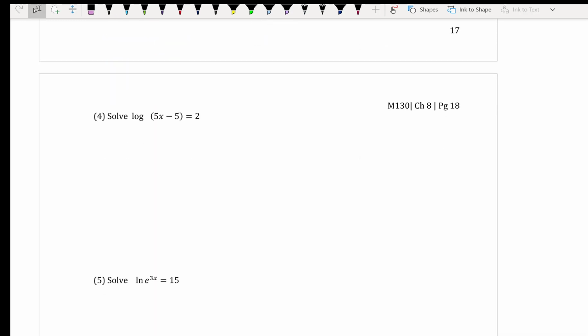Now we want to solve for this. Well, when I do not have a log base displayed, it defaults to base 10. So when you don't see a number, it's base 10.